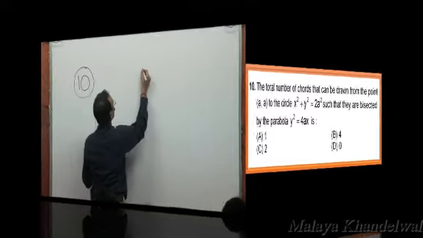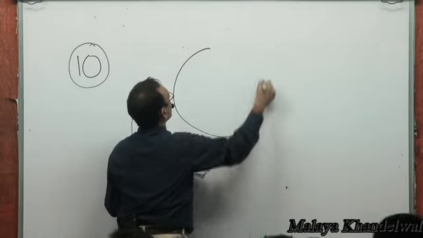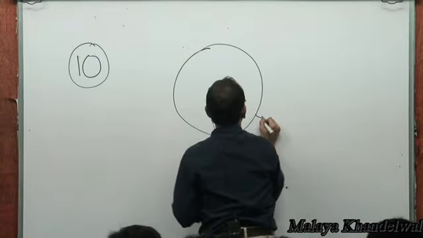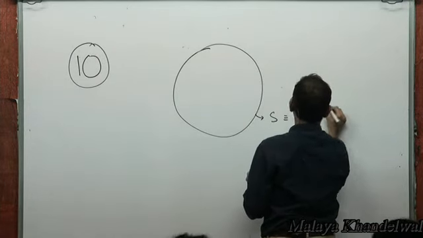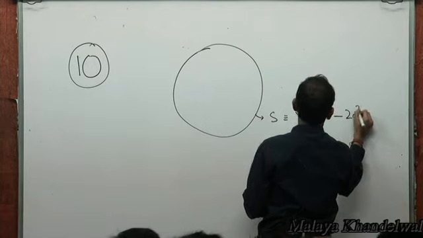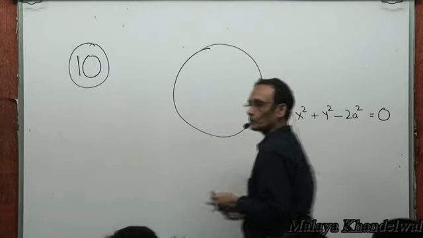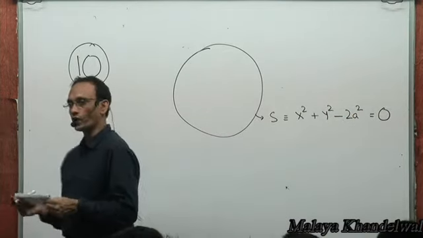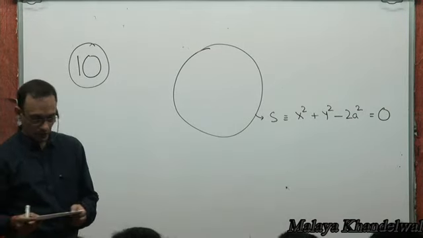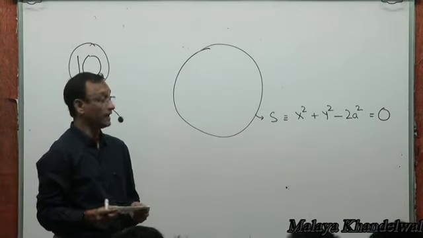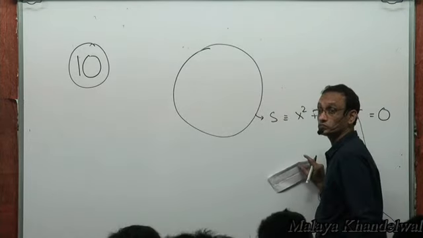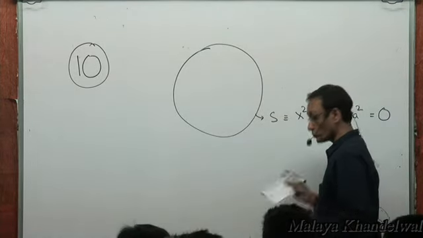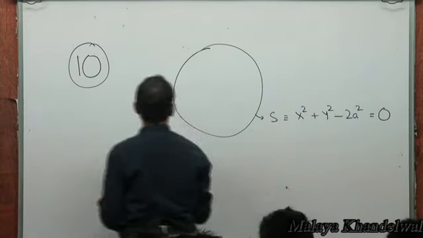So there is a circle S, which is x squared plus y squared minus 2a squared equal to 0, is the circle, right? Clear? Now, point AA. Do you realize AA is a point on the circle? Now, what is it that we are trying to do?